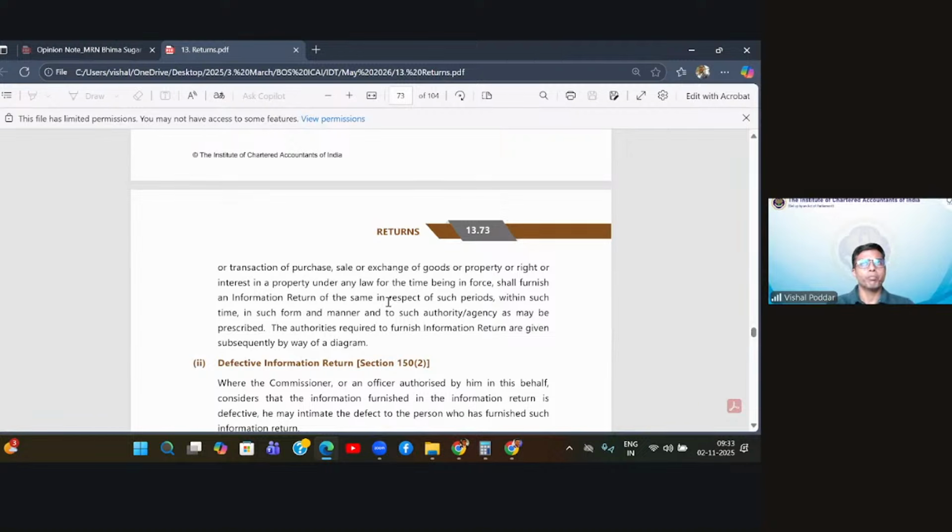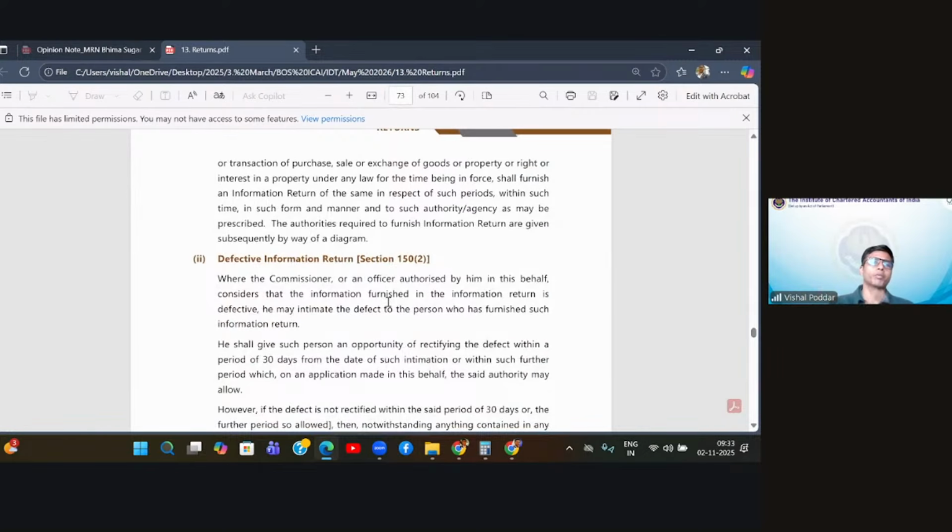So a big category of persons is covered, and slowly and steadily, as the different departments get computerized and fully automated and connected through the public domain, these details would be taken from many bodies and organizations in the form of this information return.